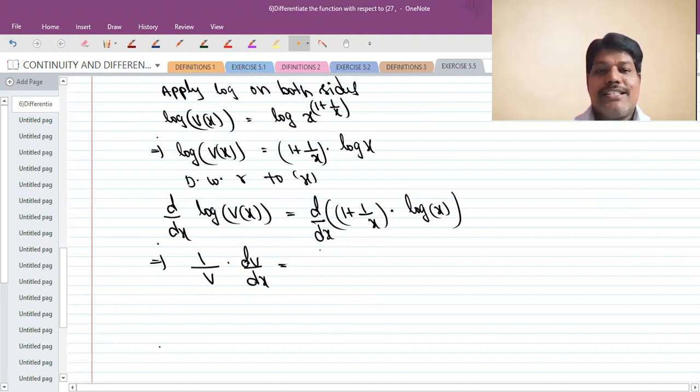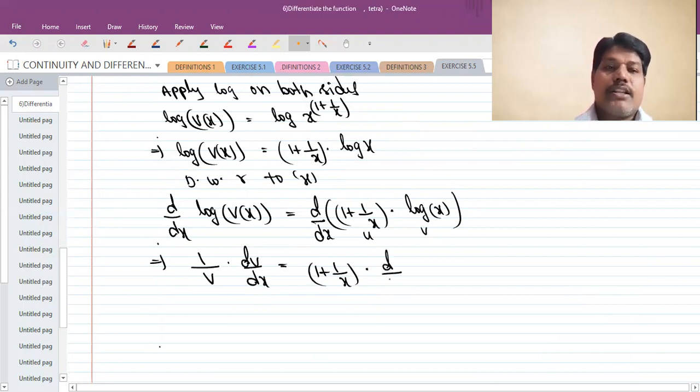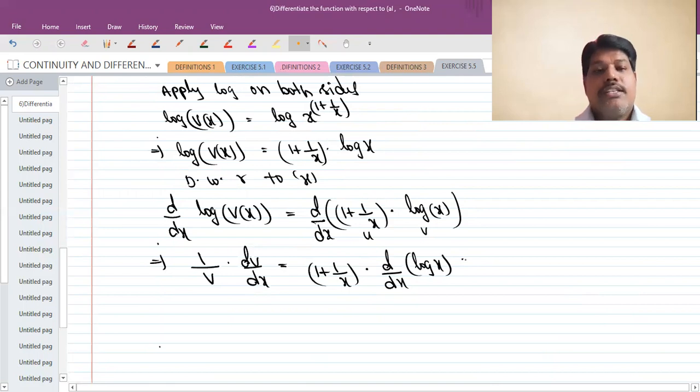dv by dx is equal to, so this is the uv formula, students. This is the u and this is the v. So we take 1 plus 1 by x, the u, into the derivative of v, which is the derivative of log x, plus log x into the derivative of 1 plus 1 by x.